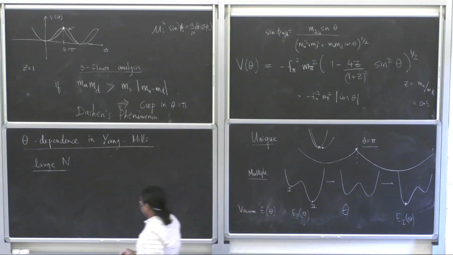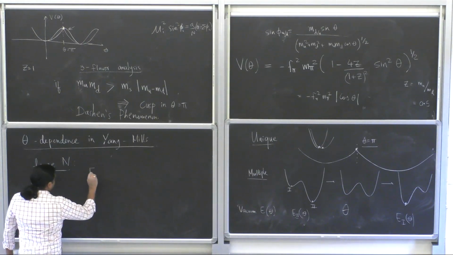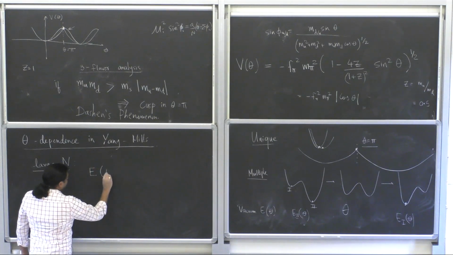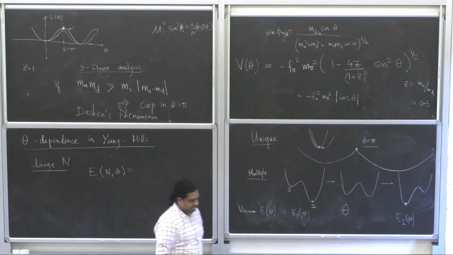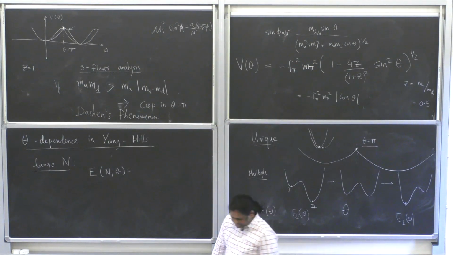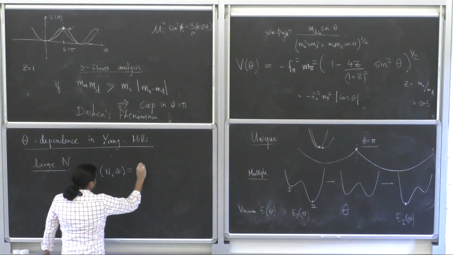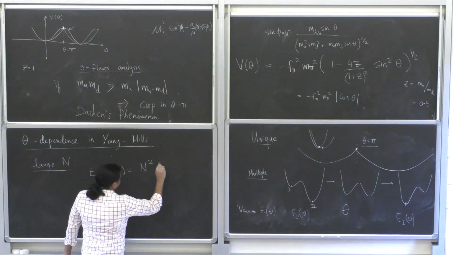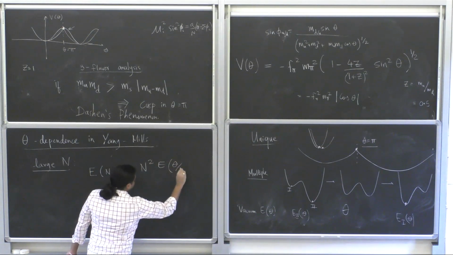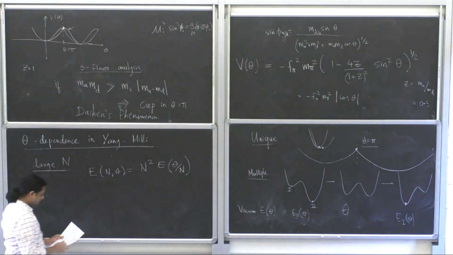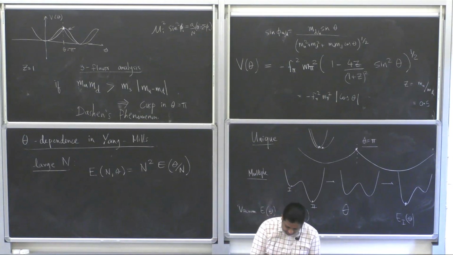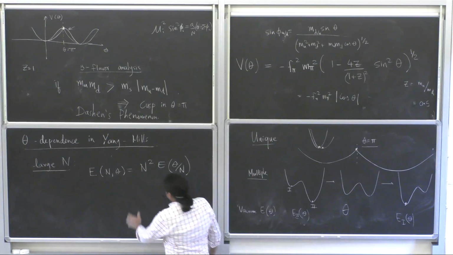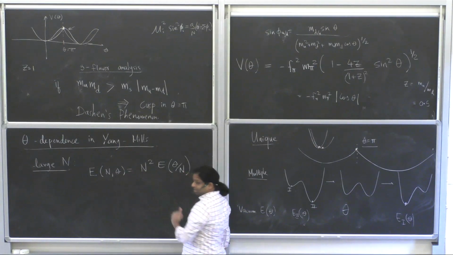And his argument is that on general grounds, one can show that the energy as a function of N squared and theta should have a dependence which looks something like this. The energy, just because there are N squared degrees of freedom, should scale with N squared.